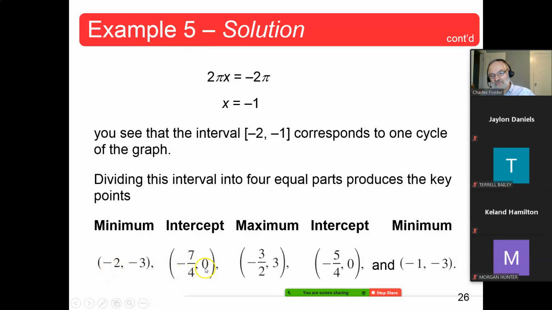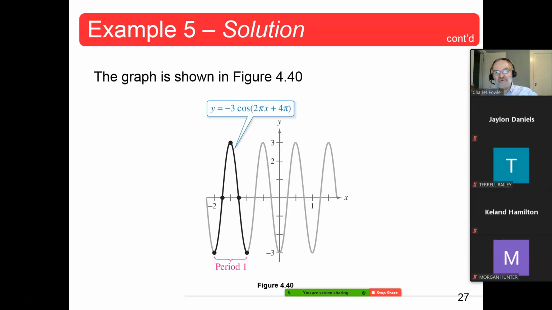You're back up to your intercept, go to the right another quarter, and you're at -3/2, and you're at +3, -5/4, you're down to 0 again, and -1, you're back here. So there's 1 cycle, and just continue. If you just did it the other way, you don't have to mess with these as much. You just do them on the graph. You're still doing it, you know.